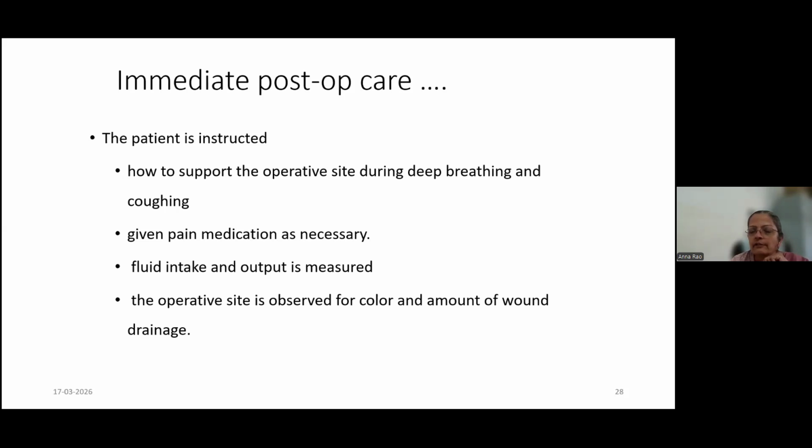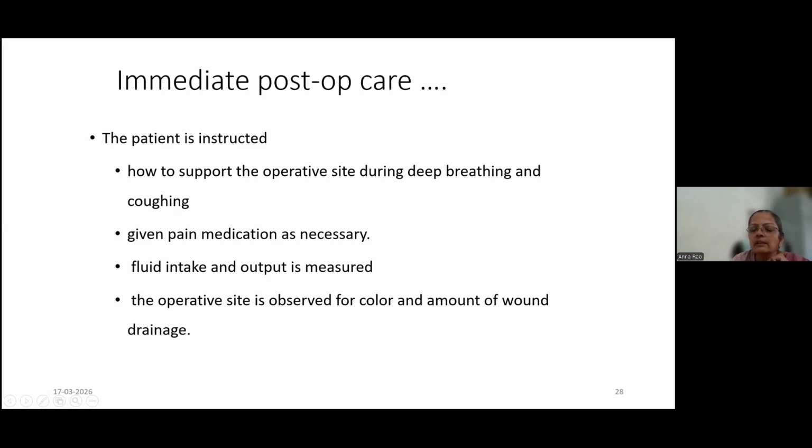And of course, because the patient will have pain, right? So pain medication should be given beforehand and then make the patient do so. And fluid intake and output should be measured accurately. That is also very important. Of course, the operative site should be observed for color and amount of the drainage, and whether any oozing is there or not.